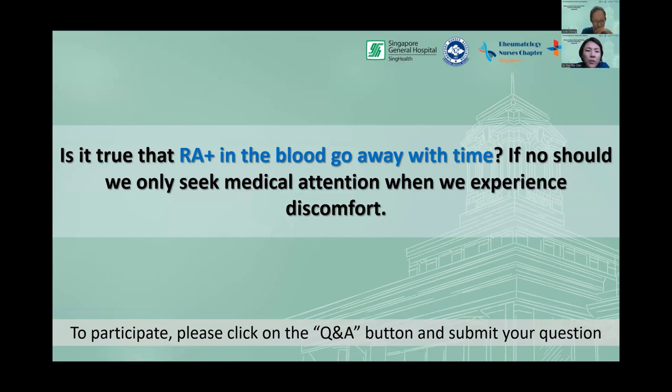You could start with either your friendly general practitioner in the neighborhood, or you could see a rheumatologist to ascertain. So in short, some people have a positive rheumatoid factor blood test that does go away over time, but the exact clinical scenario must be individualized to the individual person that we are talking about.